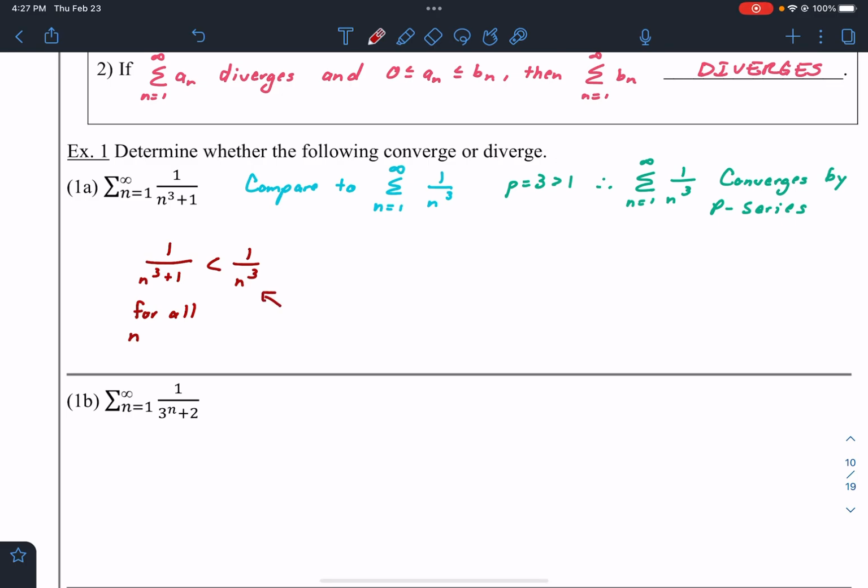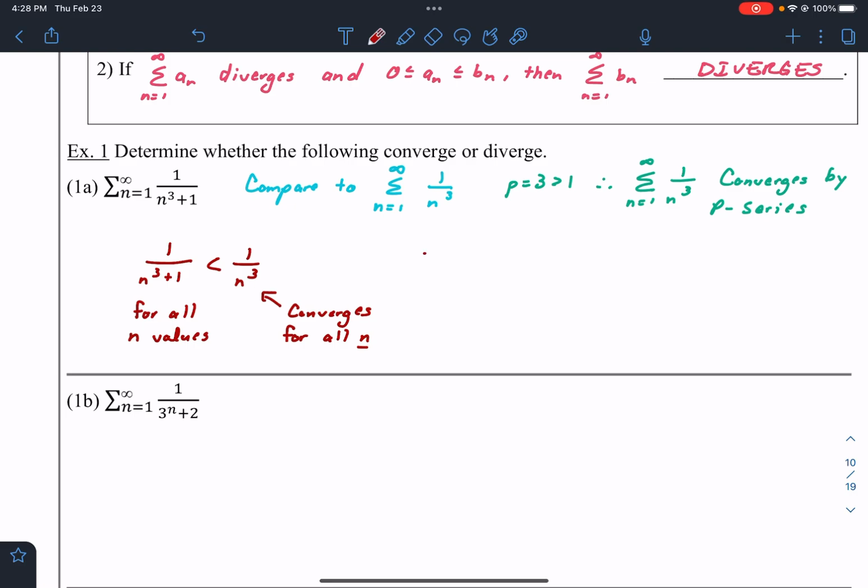And since that converges, sorry, I should have put values there, but since this converges already for all n, that means that this is also going to converge because of the comparison piece.